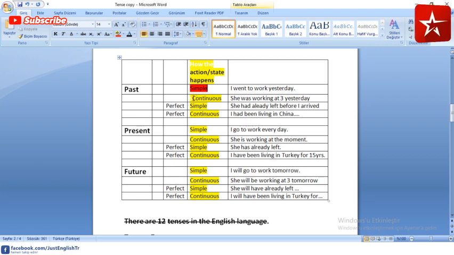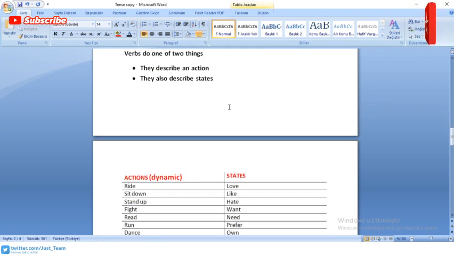We have simple, and we also have continuous. They're the only two possible ways we can describe an action or a state. We don't have 12 different ways. We can describe that action in time in two ways, simple and continuous.